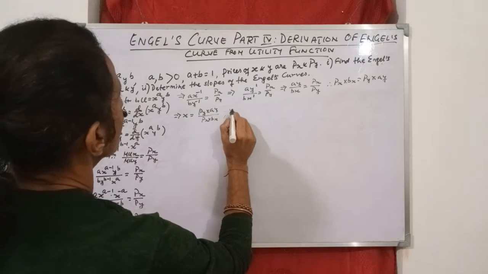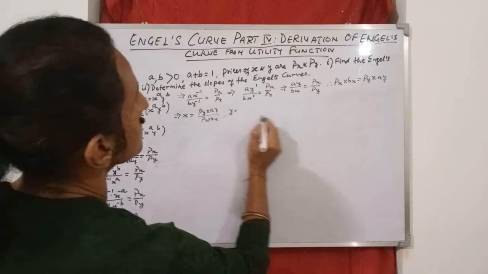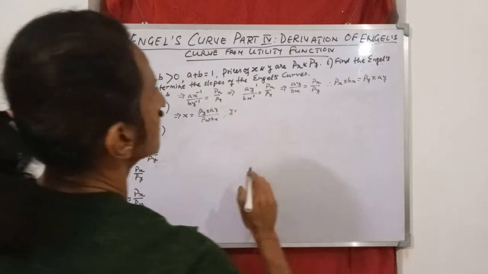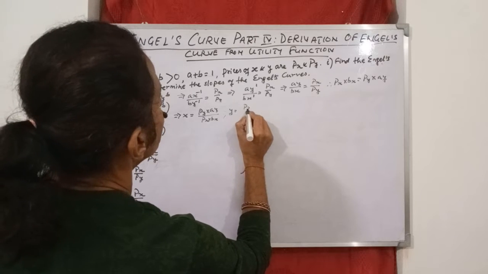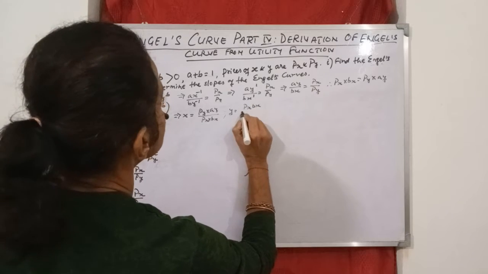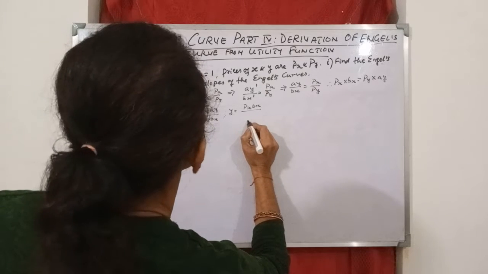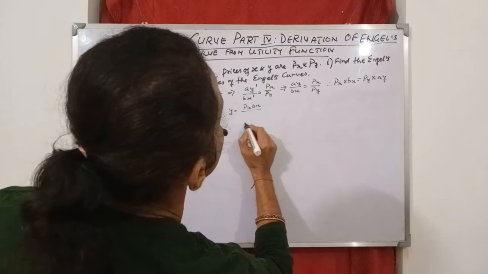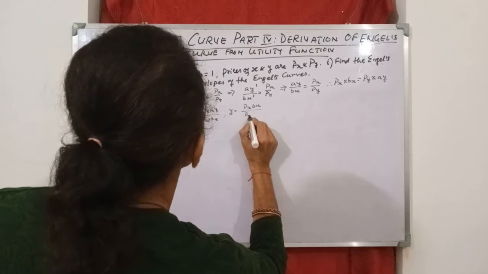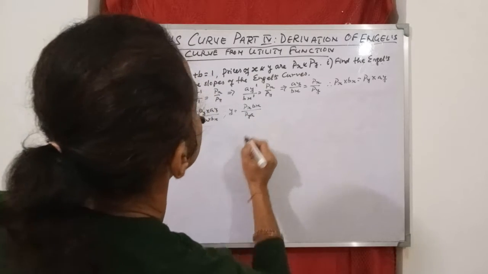Similarly, y equals px bx divided by py a.